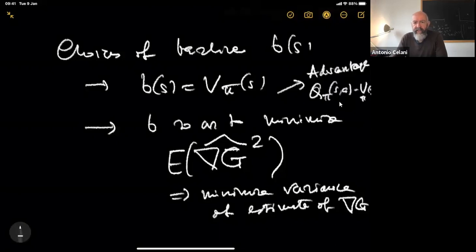Or you can reason in statistical terms and say, I want to choose a baseline which reduces the variance of my estimate, which leads you to other expressions that I'm not writing down, which are a little bit more complex. And these two things in general are different. These are two different ways of choosing the baselines. Both of them work, and both of them have their own merits and difficulties.